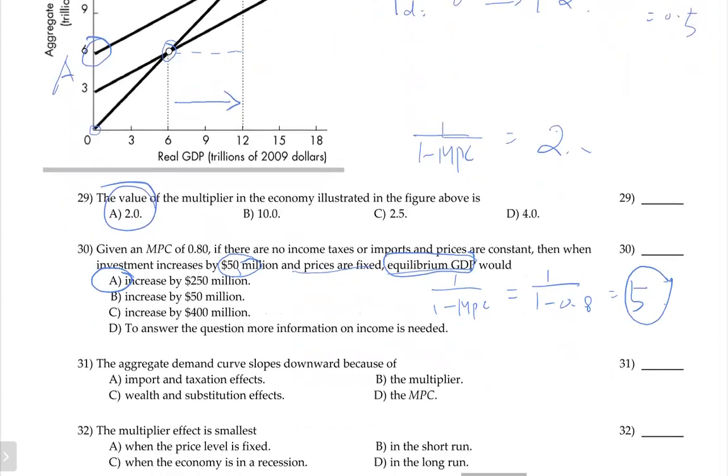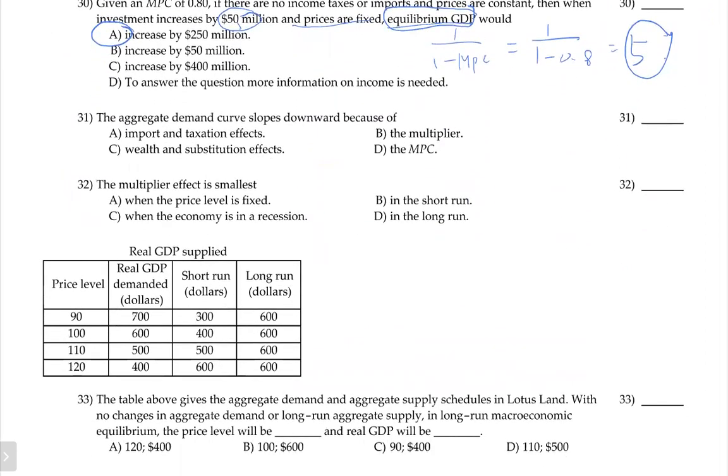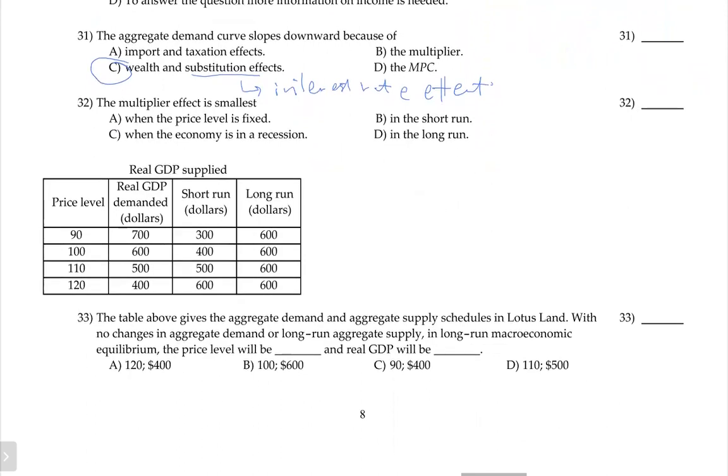Okay. So now go to 31. The aggregate demand curve slopes downward because of the wealth effect and the substitution effect. Right, so this substitution effect actually refers to interest rate. Interest rate effect. Okay, so we talk about it in the class. Now we go to 32. The multiplier effect is smallest.